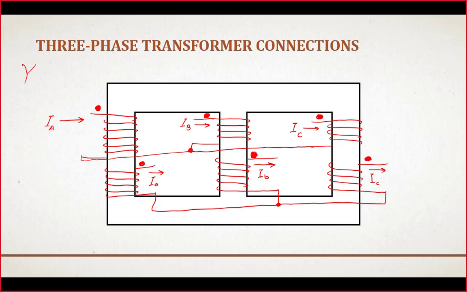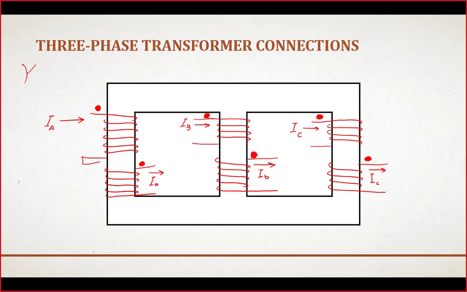And if we want to make a delta, then the procedure is that all three windings of the high side or low side must be connected in a loop, and that loop should be such that the dotted end of one winding is connected to the non-dotted end of the other. In that way we make the loop.